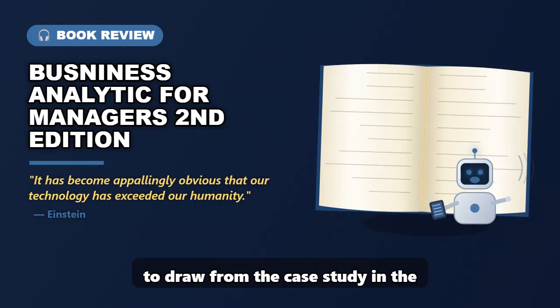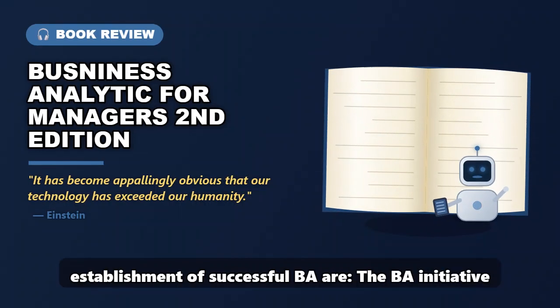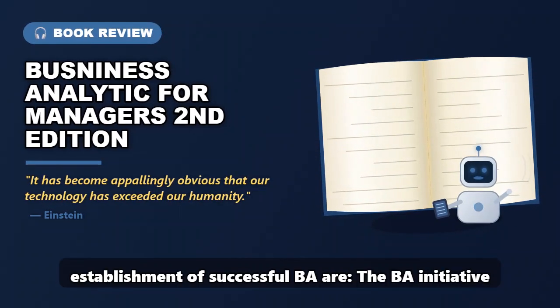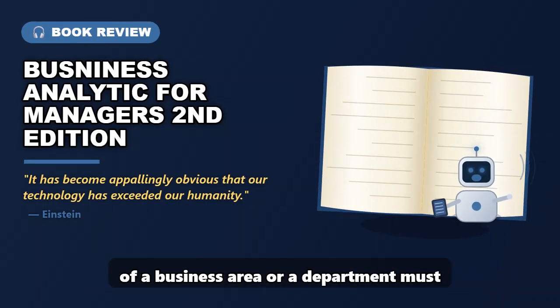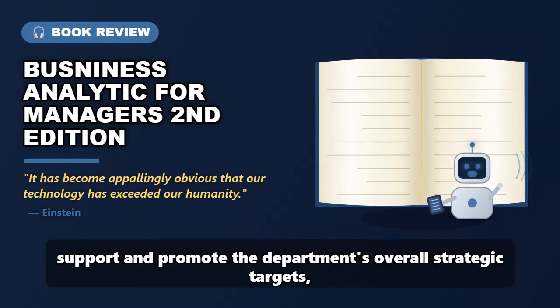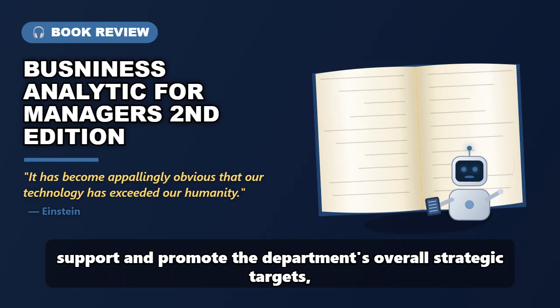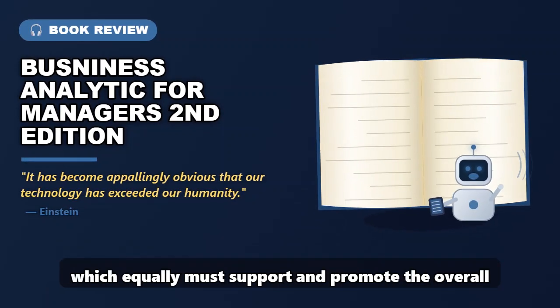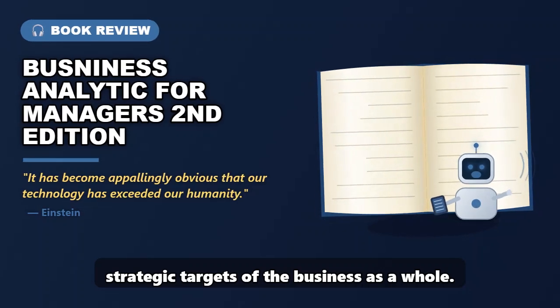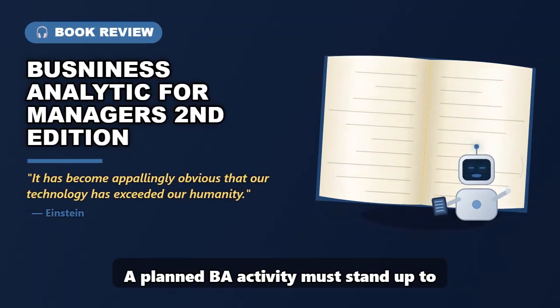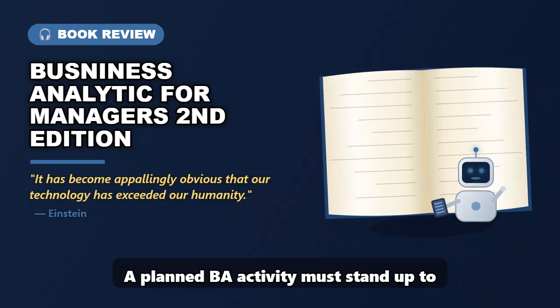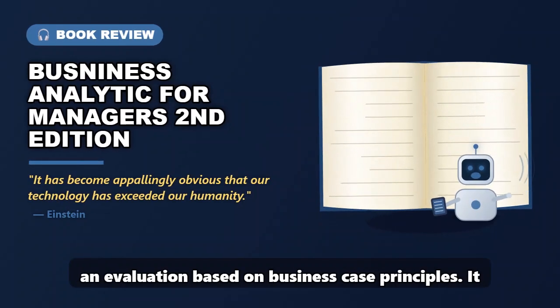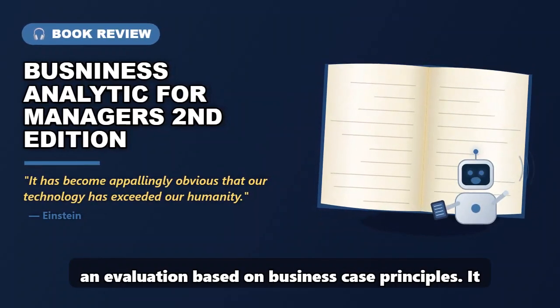The 12 most important conclusions to draw from the case study in the establishment of successful BA are: the BA initiative of a business area or a department must support and promote the department's overall strategic targets, which equally must support and promote the overall strategic targets of the business as a whole. A planned BA activity must stand up to an evaluation based on business case principles.